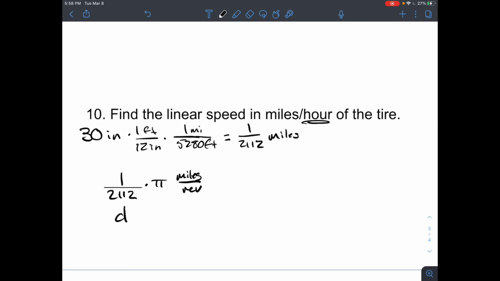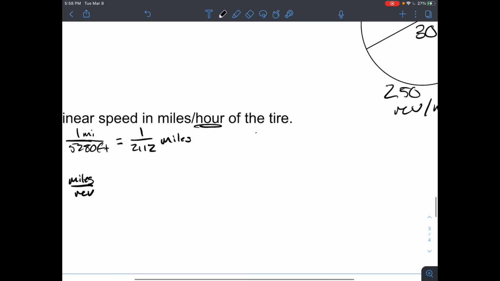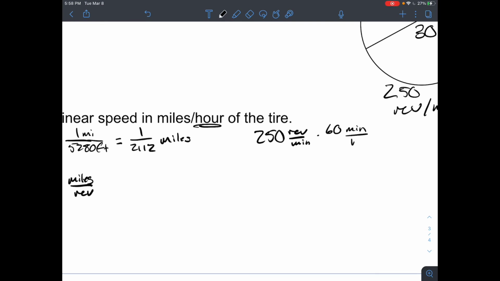Now we need to find revolutions per hour. So we just take 250 rev per minute and multiply that by 60 minutes per hour. So let's take 250 times 60.